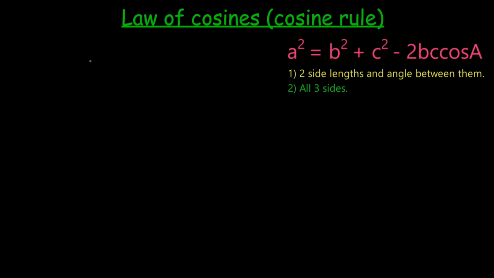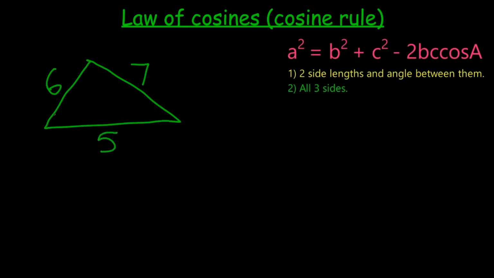So let's say we have this triangle, we know 3 sides, let's say this is 7, this is 6, and this is 5, and we want to know this angle B. Now, angle A is not here, so we need to use the form where angle B features.